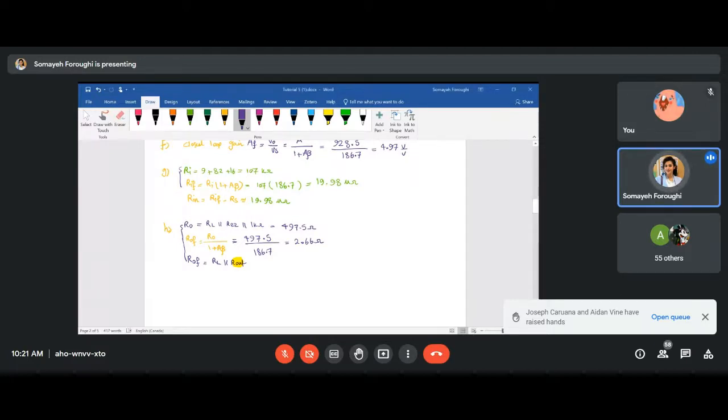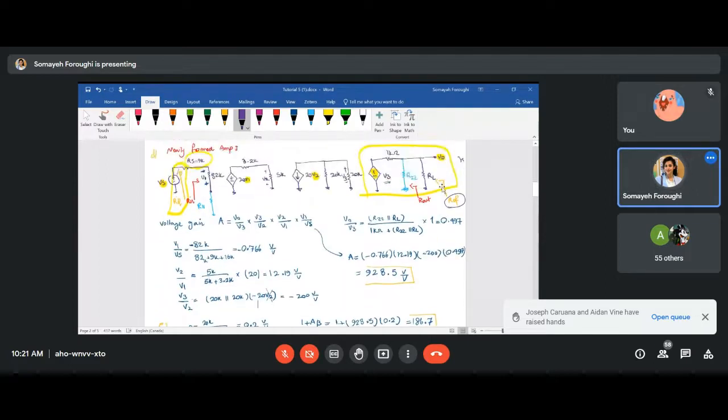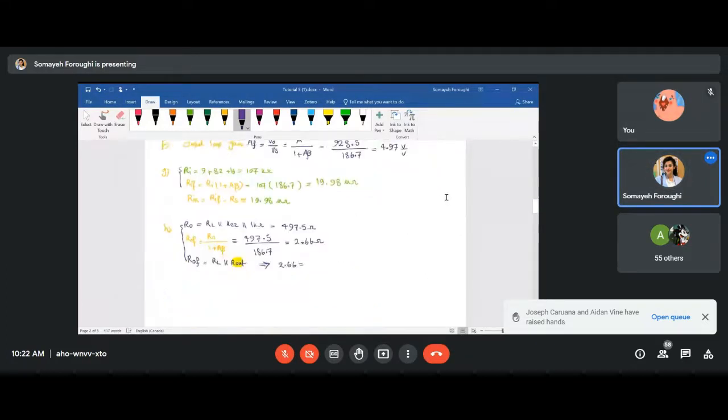So Rof, let's listen. I'm looking for Rout. While I found Rof to be 2.66 ohm, our RL, the load resistance here, was 1 kilo ohm, which is like 1,000 ohm. So this is like 1,000 ohm parallel with Rout.